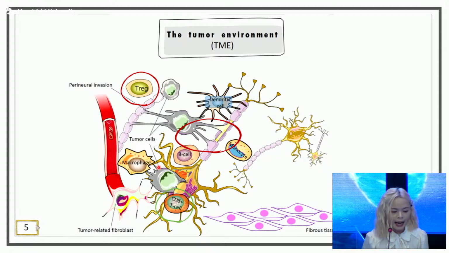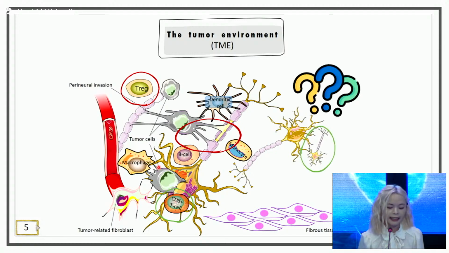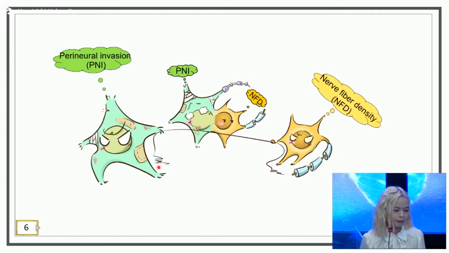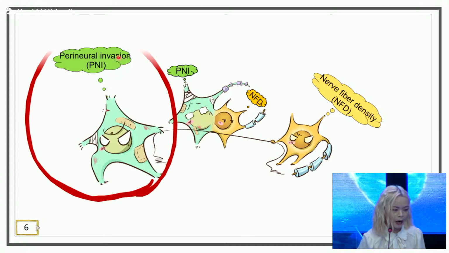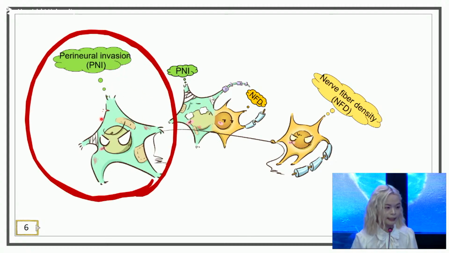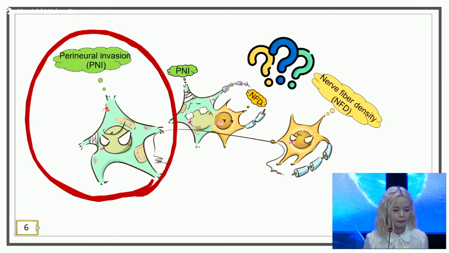So we are considering if there are other roles of the nerves in the TME. Since the phenomenon of PNI is widely known and investigated, we are exploring the possibility of other roles of the nerve in the tumor microenvironment, named nerve fiber density, NFD.